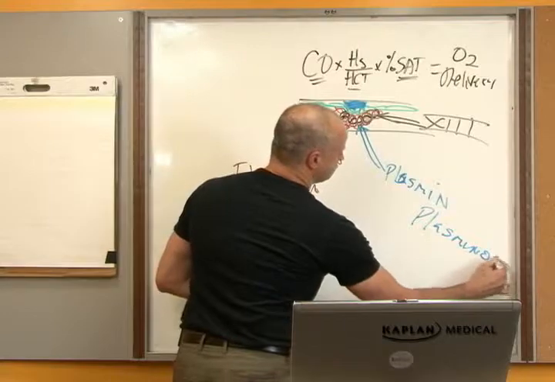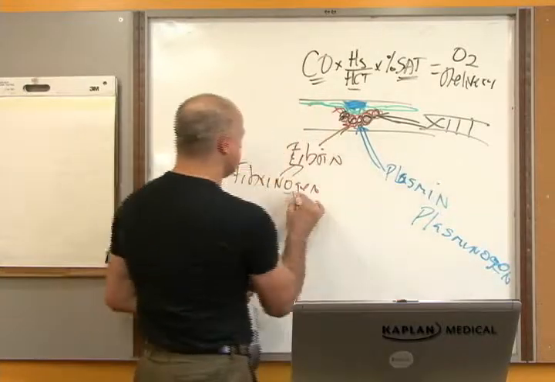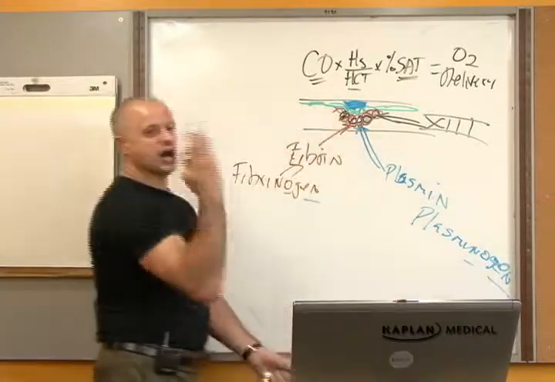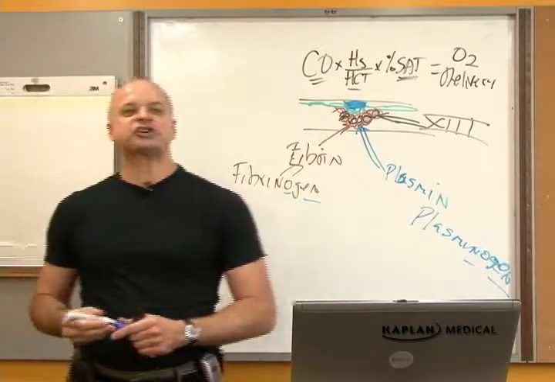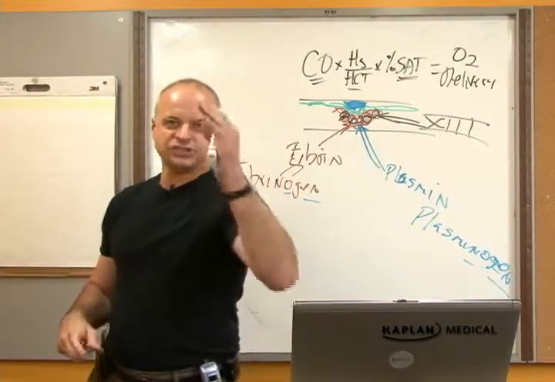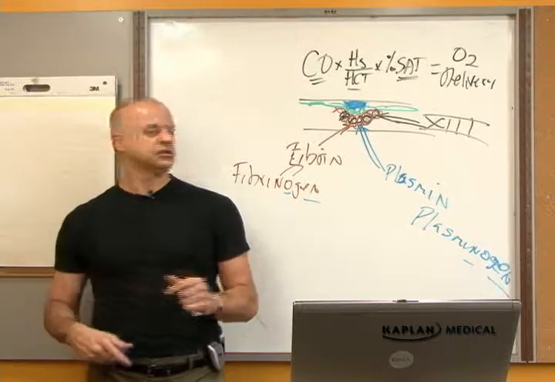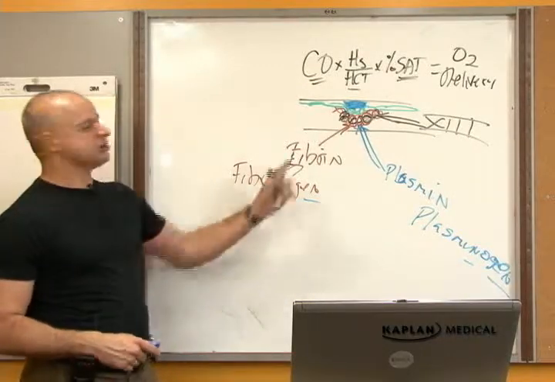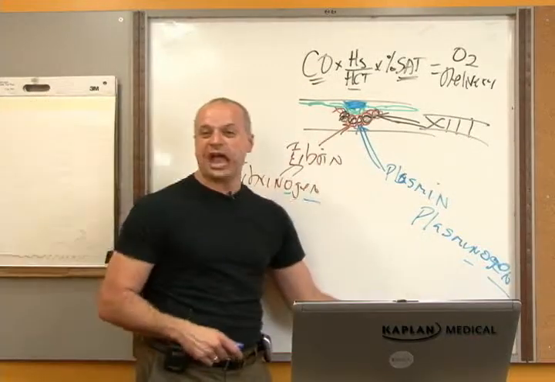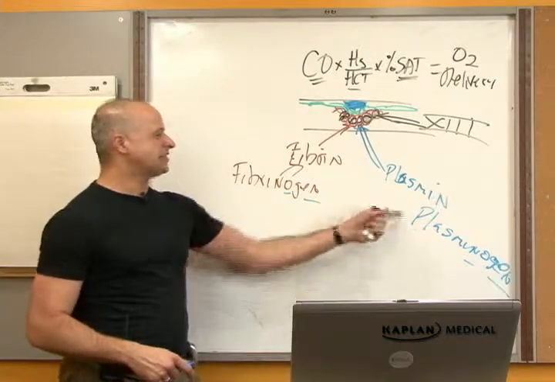Plasminogen. You see this ending, ogen, of genesis, of creation. Fibrinogen creates fibrin. Plasminogen creates plasmin.